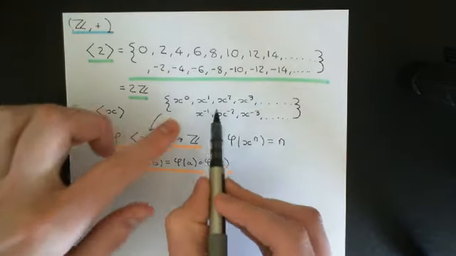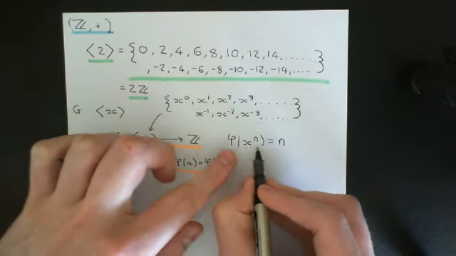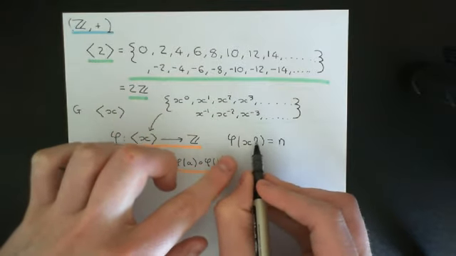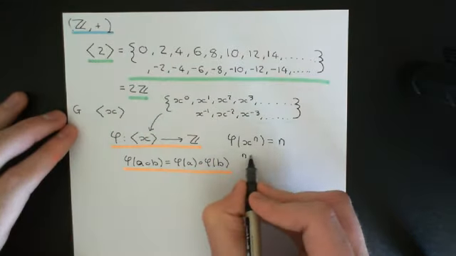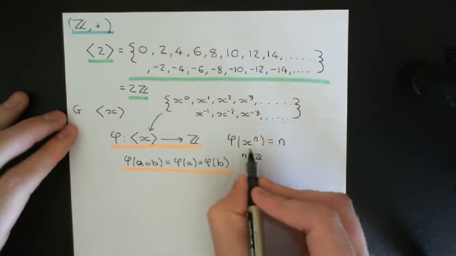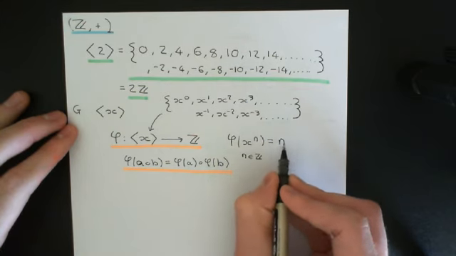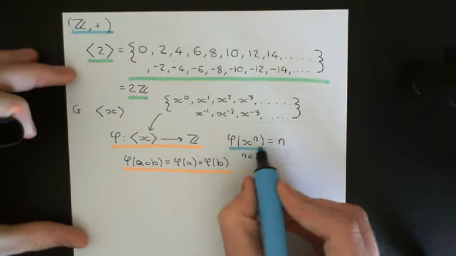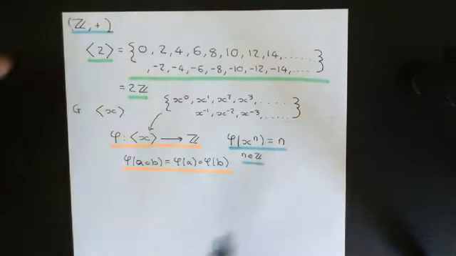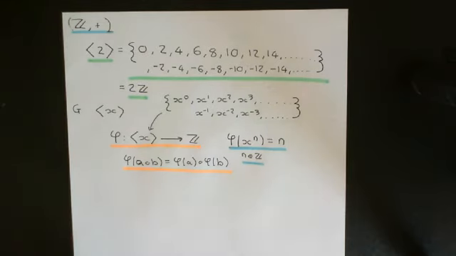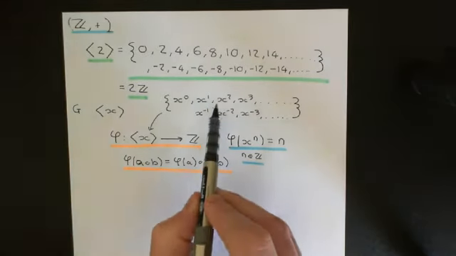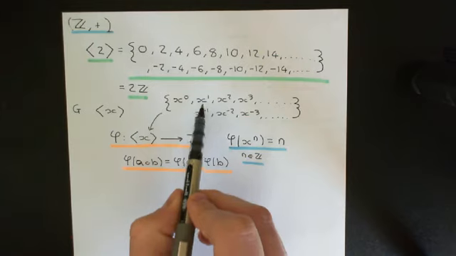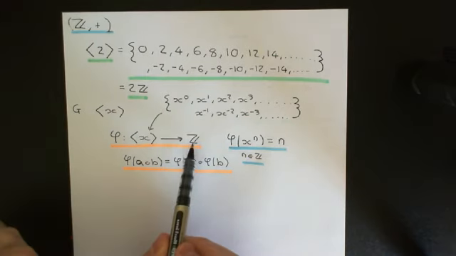What I am now saying is I'll take any element, which I can call x to the power of little n, where little n is some integer, and I'm just going to map it onto little n. That's a pretty obvious map to choose. It's certainly a bijective map. Every element here is going to go onto an element in the integers.